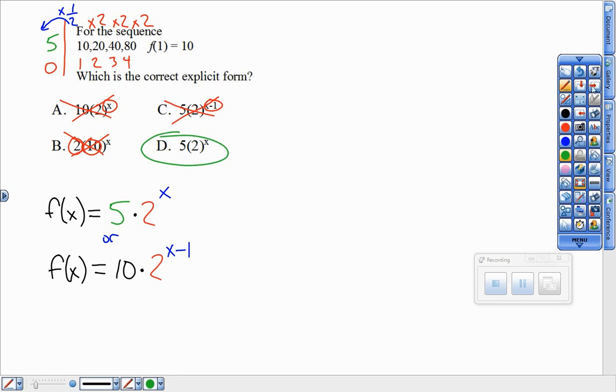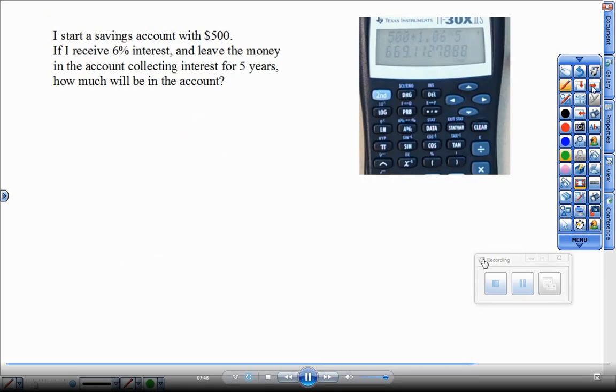Okay, last problem. This interest problem. And again, I'm trying to show you the buttons on the calculator, how I'd like you to do it. But this problem is f of x, always these are geometric, never adding, subtracting, arithmetic. Geometric, remember the form is the 0 term times r to the x. For this problem, that 500 is the 0 term, goes right there.